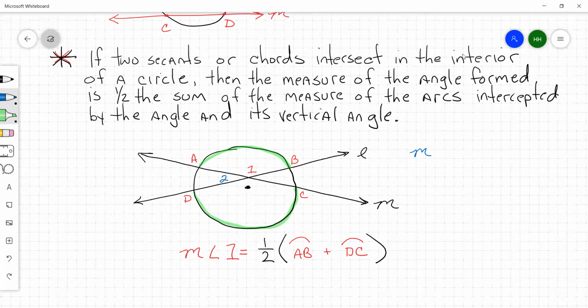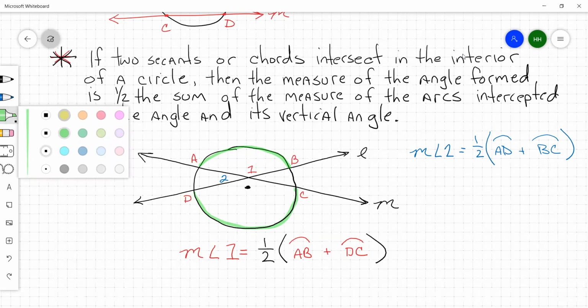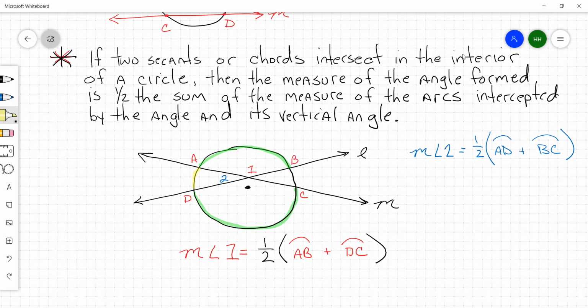What's it going to be equal to, based on what we just wrote down? 1/2 times arc AD plus arc BC. Thank you very much. It's going to be 1/2 of the sum of arc AD and arc BC. So now we get the measure of angle 2 by taking half the sum of yellow and yellow.